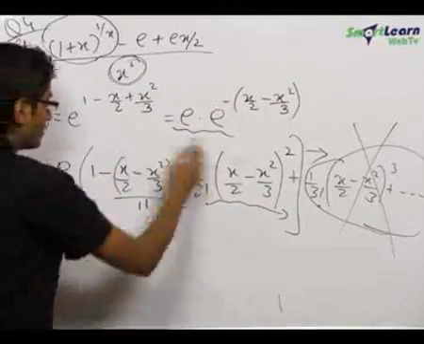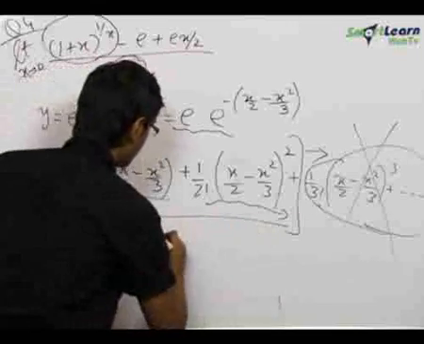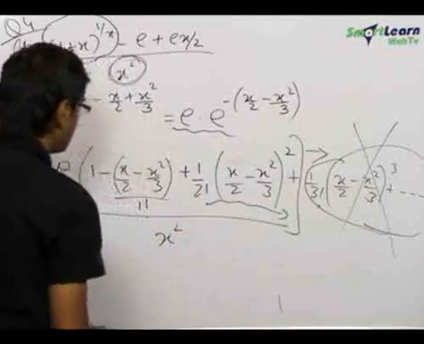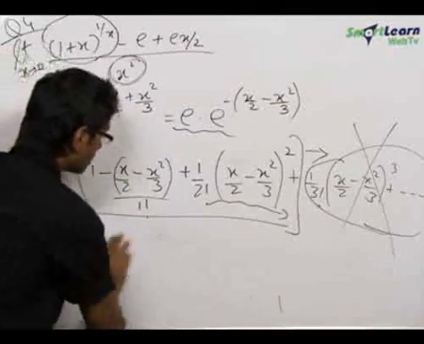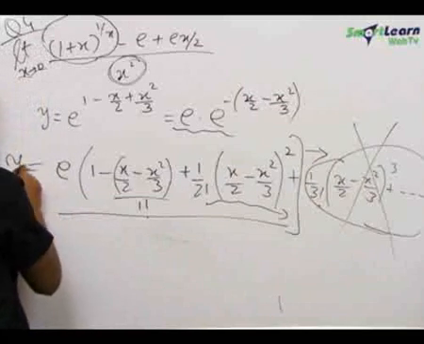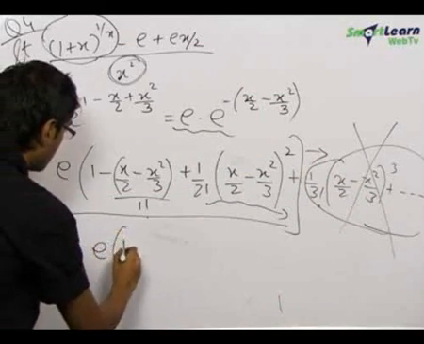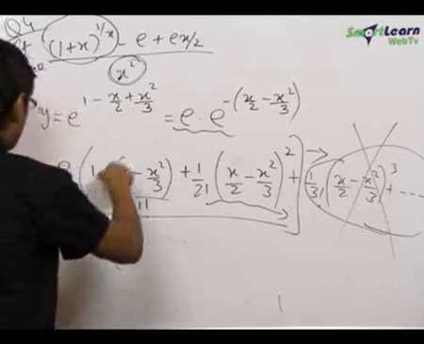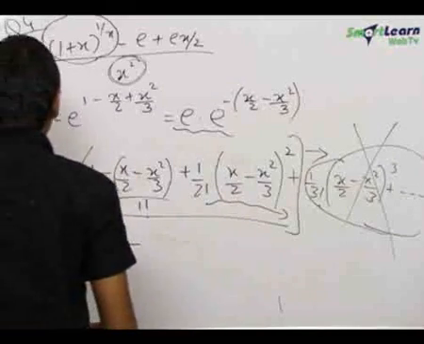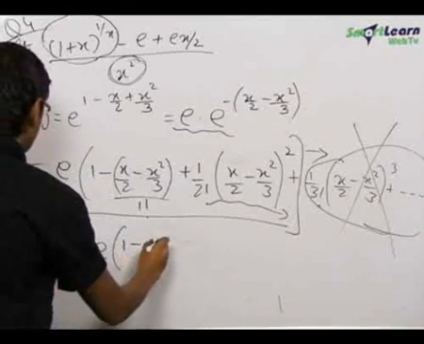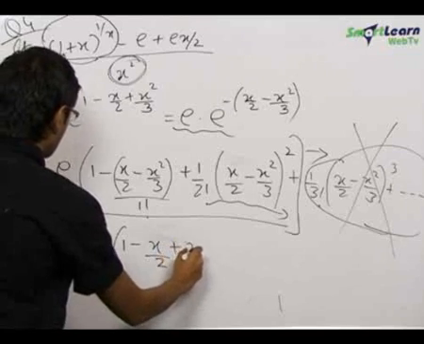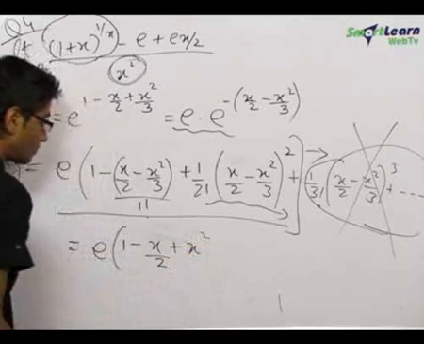This is the value of y, which is e times 1 minus, collecting the coefficient of x and x square, 1 minus x by 2 plus x square.